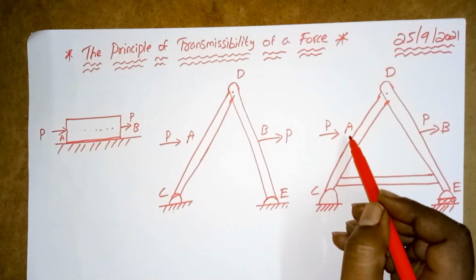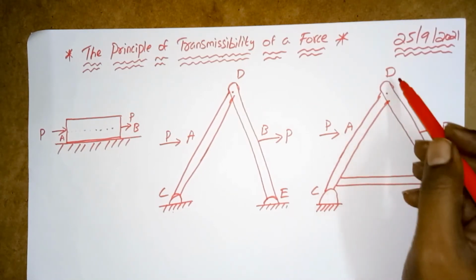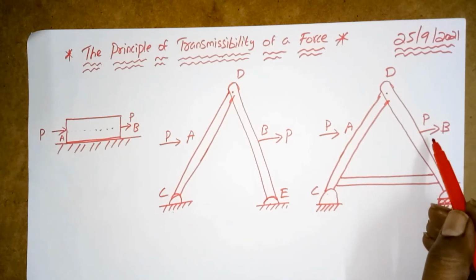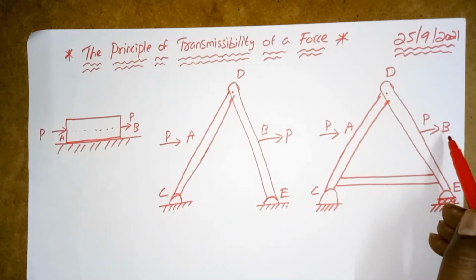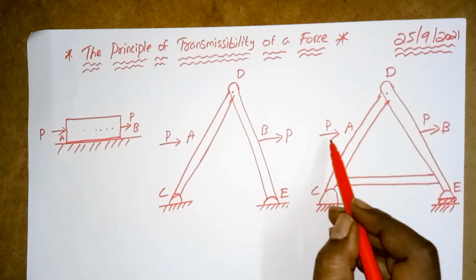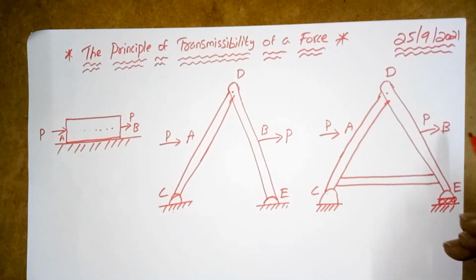Once P is applied at A, C and D start bending, and once P is applied at B, D and E start bending. With these three diagrams, we can understand the principle of transmissibility of a force.